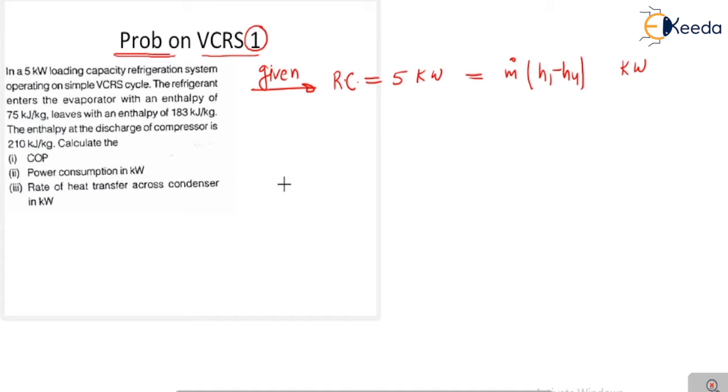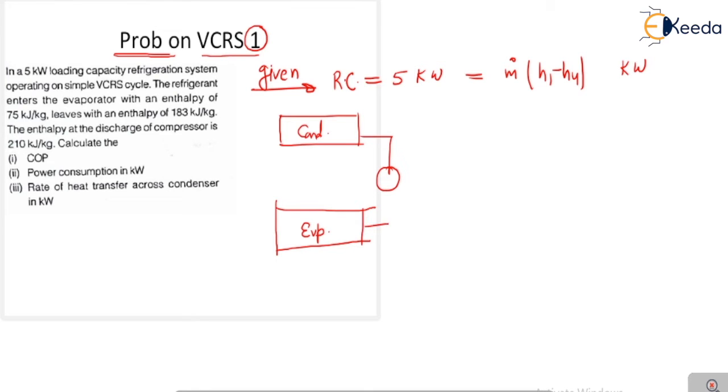enthalpy of. So first of all, you need to plot your VCRS system. So this is your VCRS system component. Here your component evaporator. Here your component condenser, and in between you have to install a compressor where work input is going to occur, and here you have to install a throttle valve just like that.